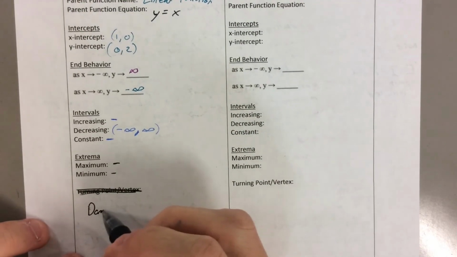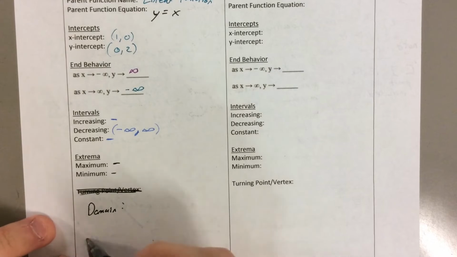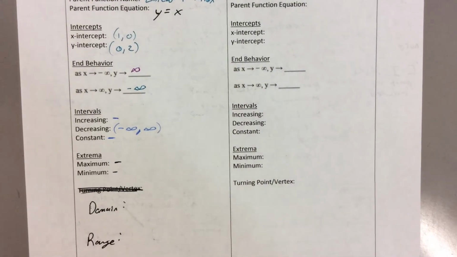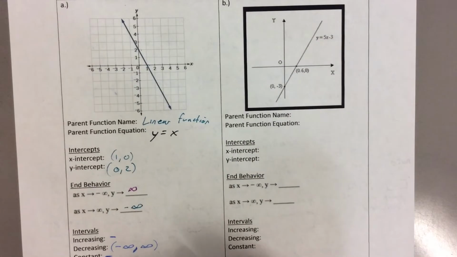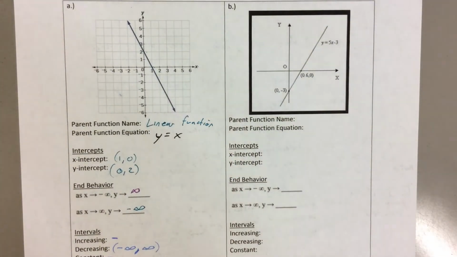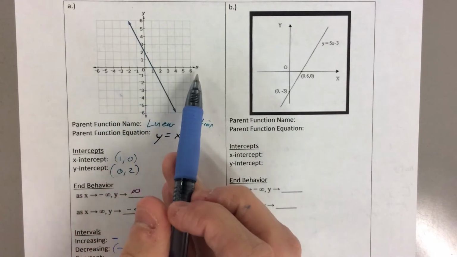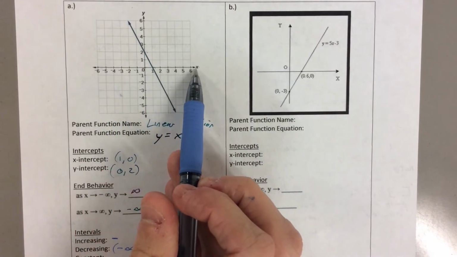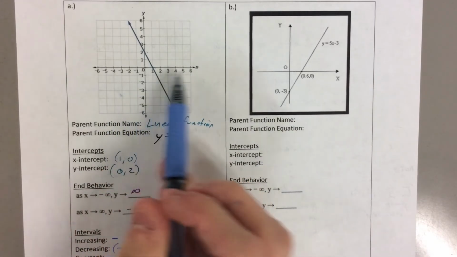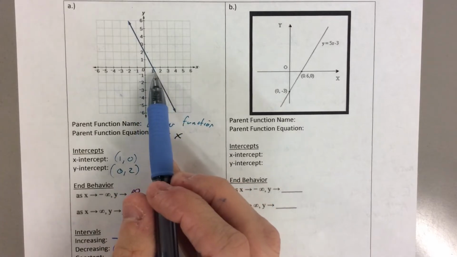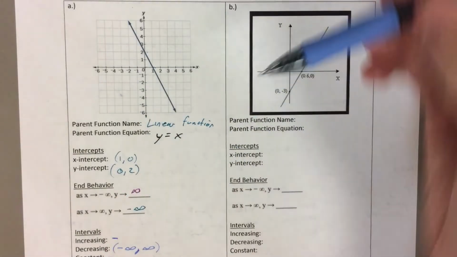And let's do the domain. Let's bring back in domain and range. I know you all are happy about that. Got to get it though. So the domain for this one, with domain, again, we're talking x. We're talking the x-axis. So we're saying what x's are involved here. What x's would be in our graph?